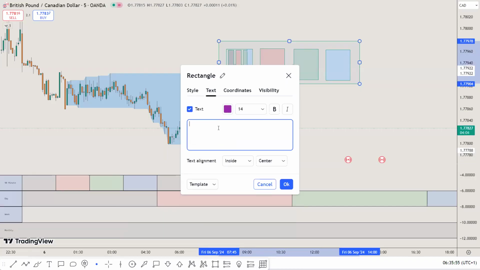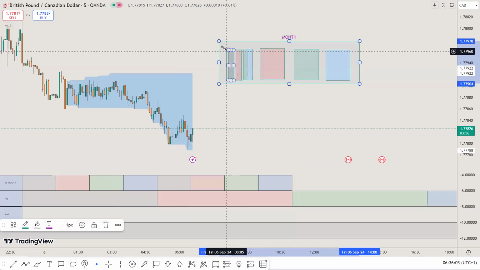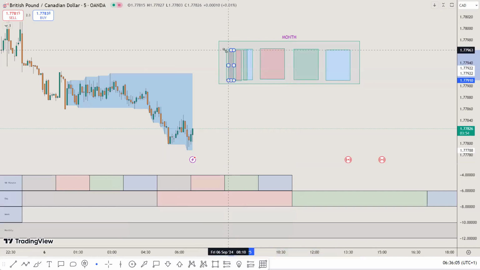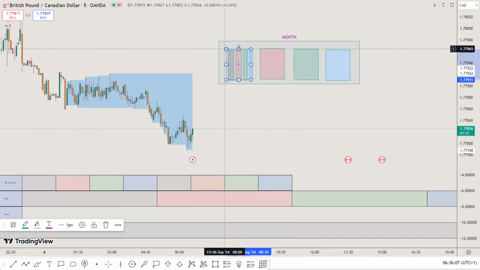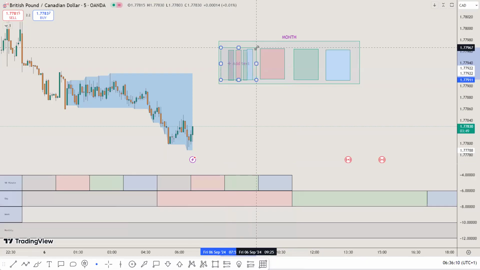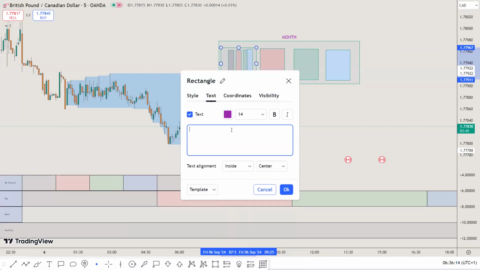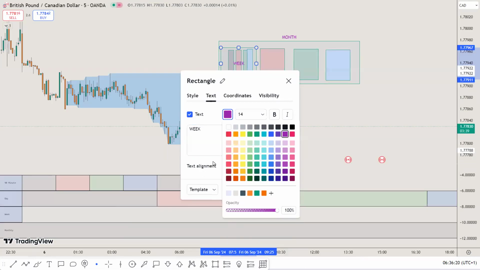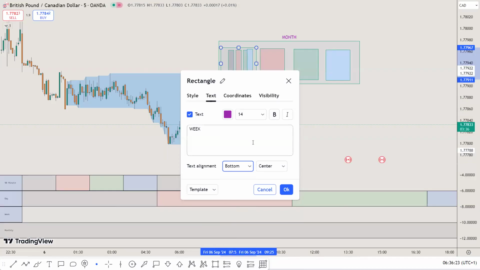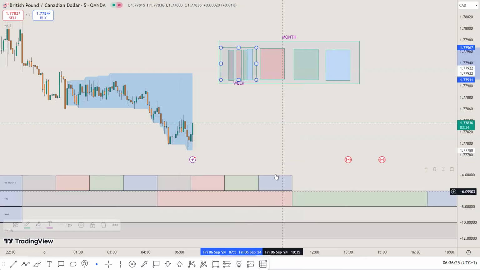Months. Let's put it top. This guy over here was the first week. Let's put week. Remember, there are 4 weeks inside every month. So let's just put it bottom.